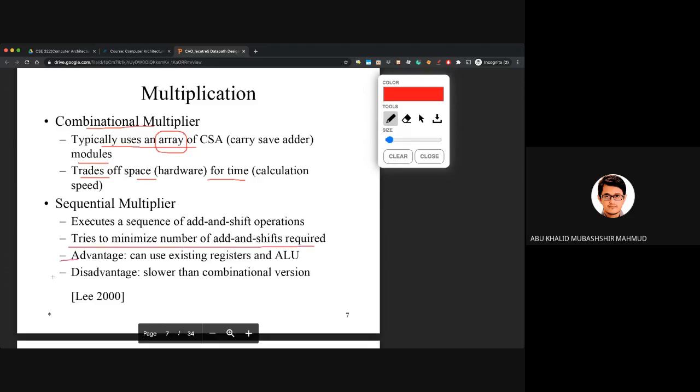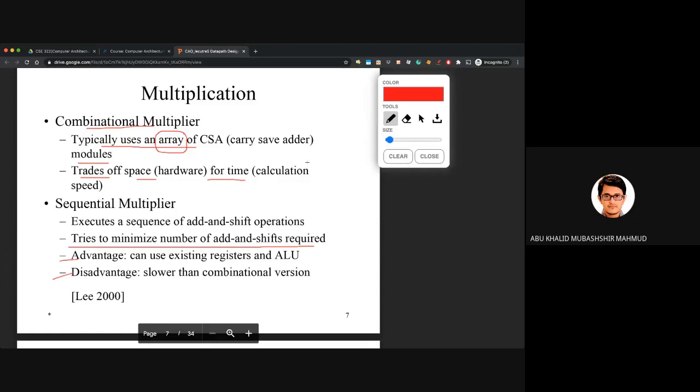The advantage is that the existing registers and ALUs can be used in the sequential multiplier. We don't need any extra hardware or capabilities. But the disadvantage is that it is very slow compared to the combinational multiplier.